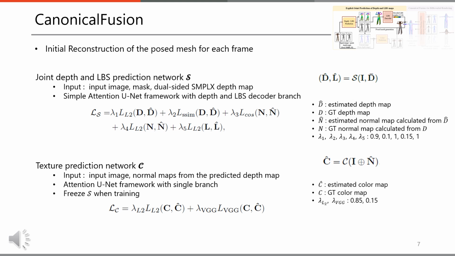To further improve the performance of the color map prediction, such as predicting details like wrinkles, we convert the depth map obtained from the joint depth and LBS prediction network into normals, and use this normal information along with the input color map to predict the color map. For the loss function, we use a combination of L2 loss and perceptual loss, specifically VGG loss. Note that after training the joint depth and LBS network, we freeze its weights and then train the texture network.